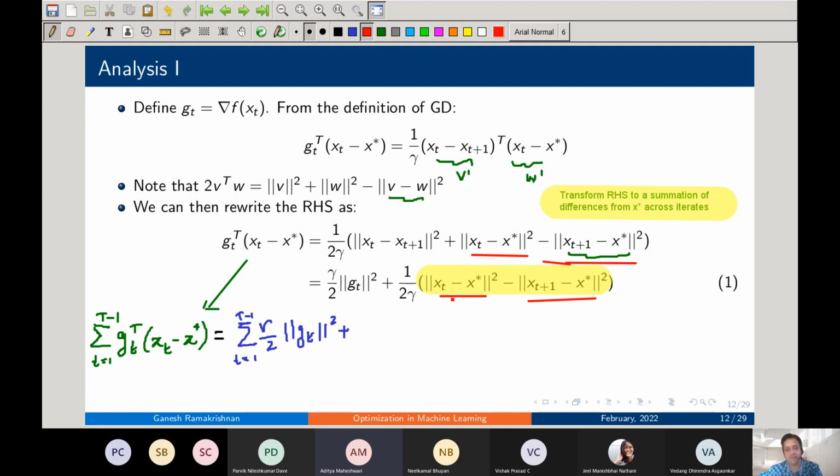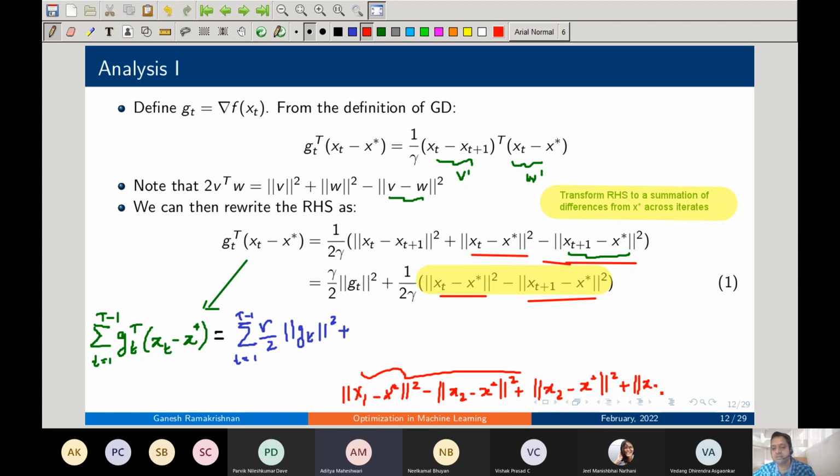You'll have x1 minus x star square minus norm x2 minus x star square, plus from the next value of t, x2 minus x star square minus norm of x3 minus x star square, and this will go on.